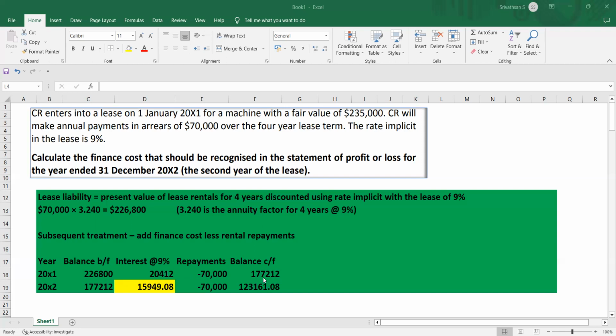1,77,212. And the closing balance of the first year becomes the opening balance of the second year. So you just bring forward this amount and you just apply 9% interest on this number. You get 15,949. And again, you deduct the 70,000 payment made at the end of the second year, and you get the closing balance for the second year.